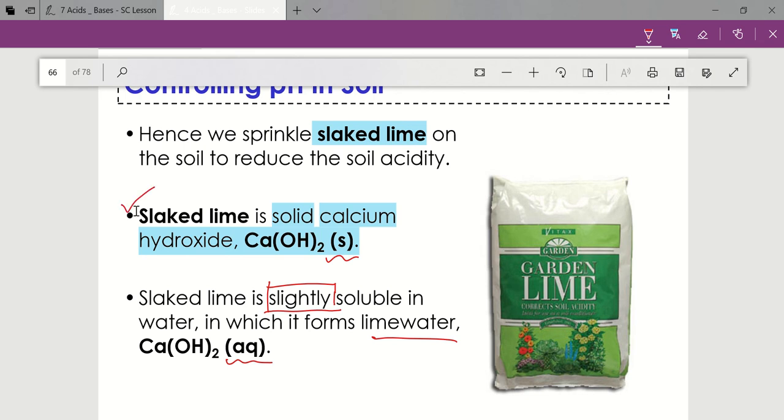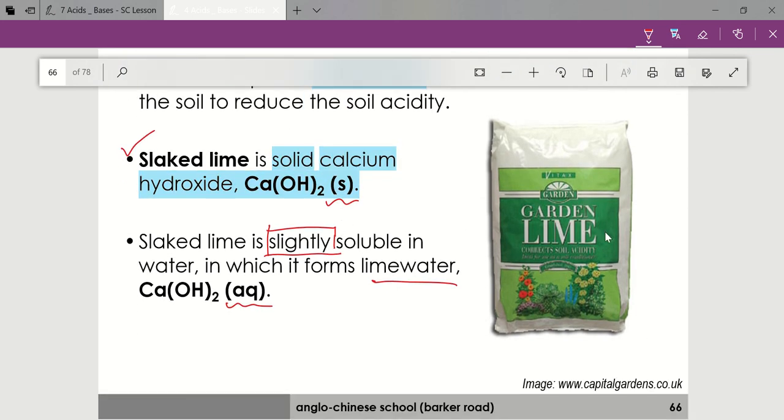So why is it that they use slaked lime and not chemicals like sodium hydroxide? Why slaked lime? Let me write this properly. Why slaked lime and not sodium hydroxide?